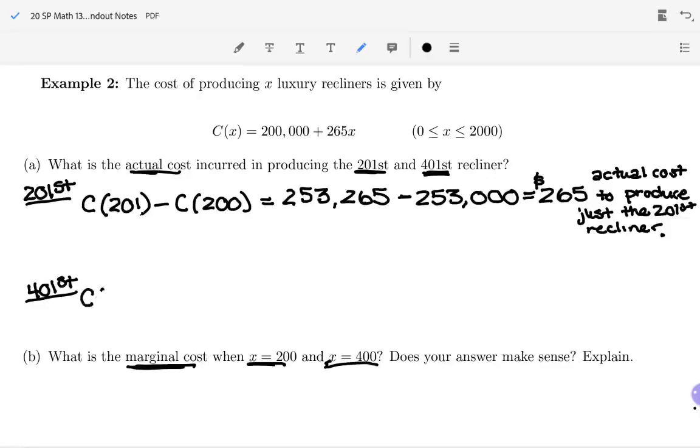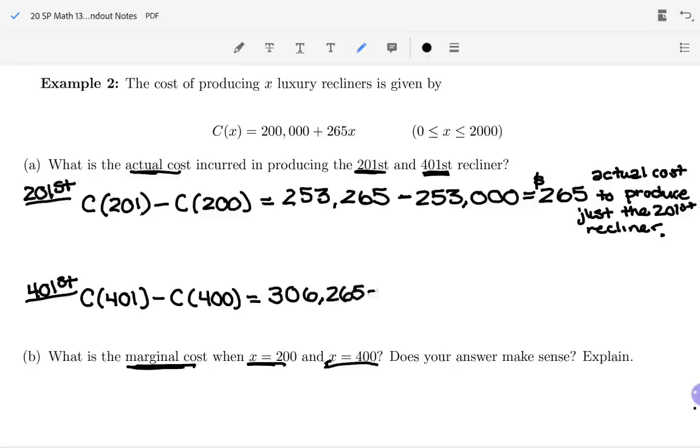And let's compare that to the 401st recliner. Is it getting much more expensive to produce a couple hundred more, or what's the actual cost for adding a unit when your production is that high? So you're going to do C of 401, the number you're interested in, minus C of 400, the number before. Plugging into the original formula, 200,000 plus 265 times 401 first. That total cost for all 401 recliners I'm getting is $306,265.